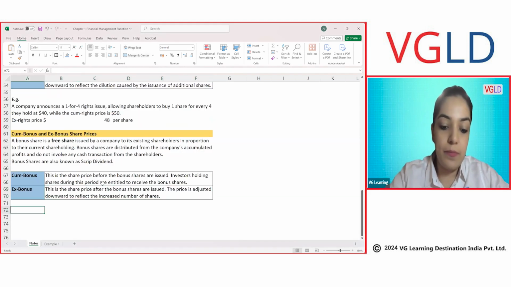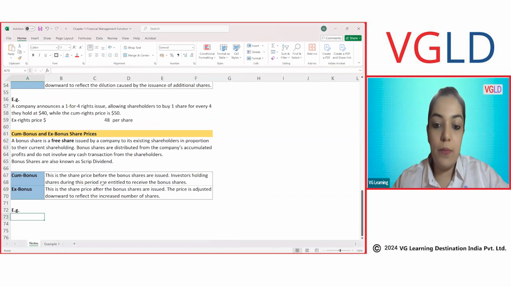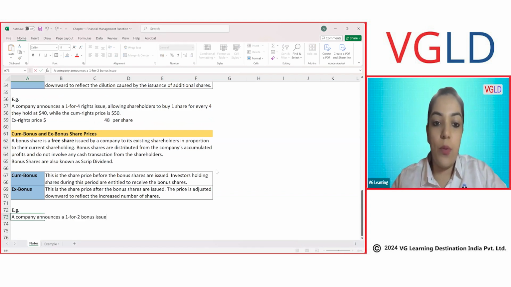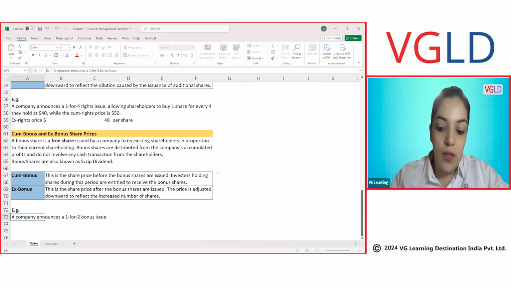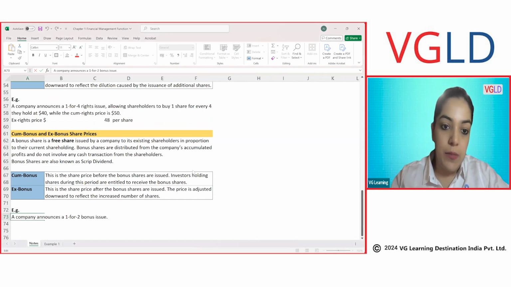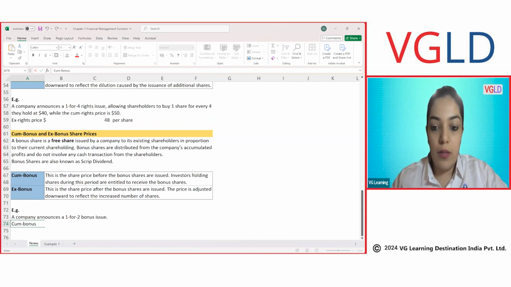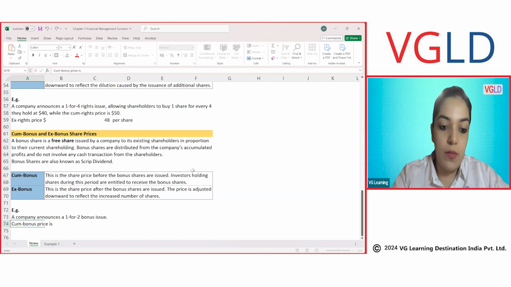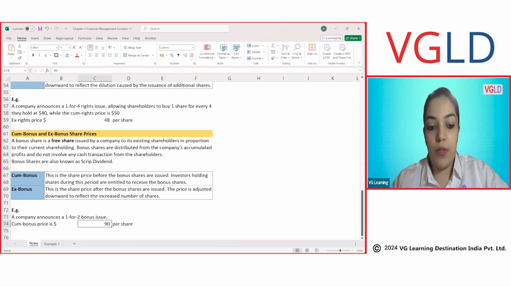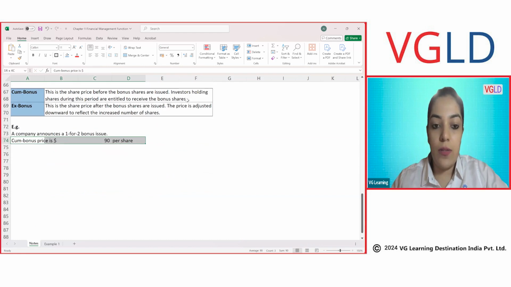So, example. A company announces a 1-for-2 bonus issue. The cum bonus price is $90 per share.